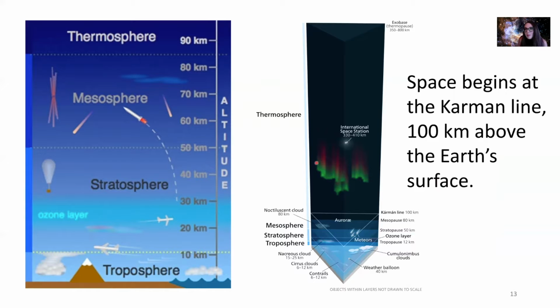And so we have actually the International Space Station, which is up here above the Kármán line, so up in space, sitting at about 330 to 410 kilometers above our Earth's surface. And also the aurora does happen in sort of these regions here too.